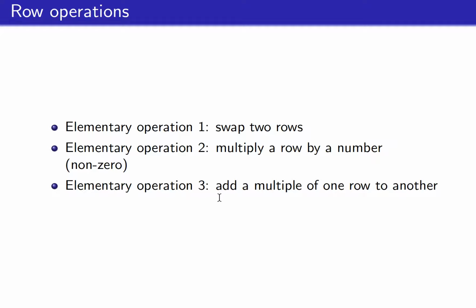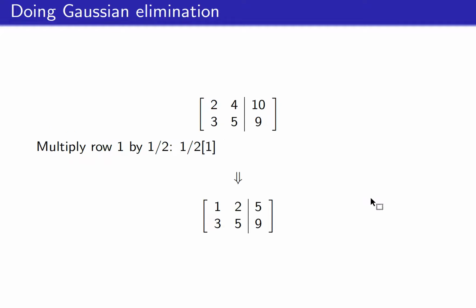And for operations of type 3, we're going to add a multiple of one row to another row. I'm going to illustrate this by some examples. So this is the example that we were working with. I'm going to multiply row 1 by 1/2. You notice all these numbers multiplied by 1/2: 1, 2, and 5, like that. That's how this goes.